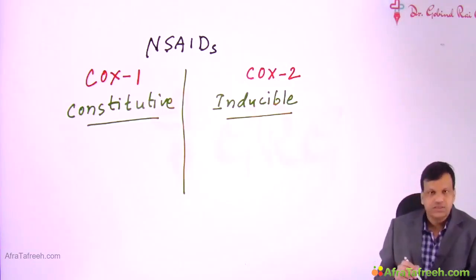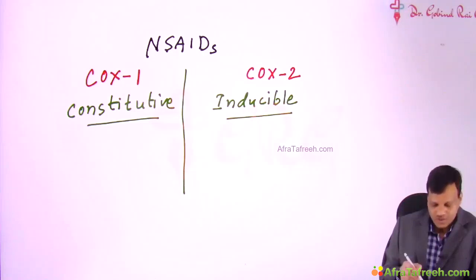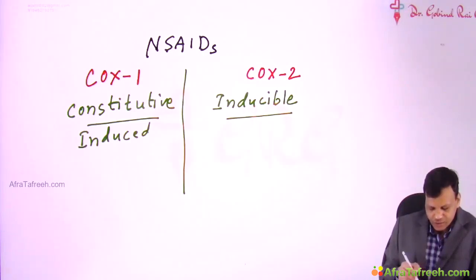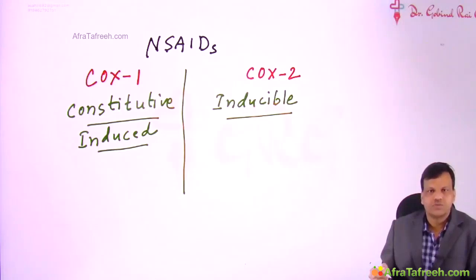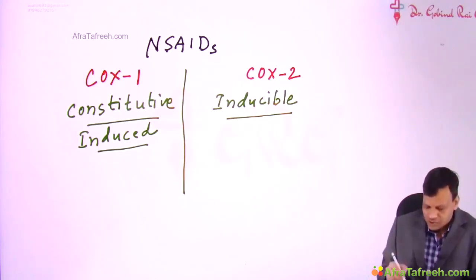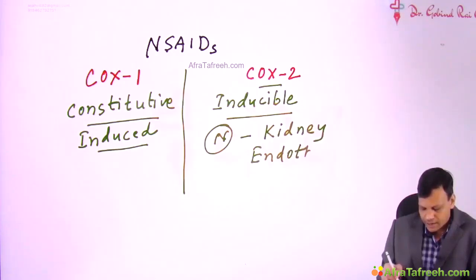But the difference is not so clear nowadays. What is found nowadays is even COX-1 can be induced at the site of inflammation, although at a lower level, but it can be. So COX-1 also plays a part in inflammation, whereas COX-2 is also normally present at some places, and these places are kidney, endothelium and brain.